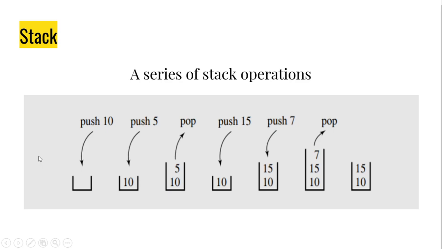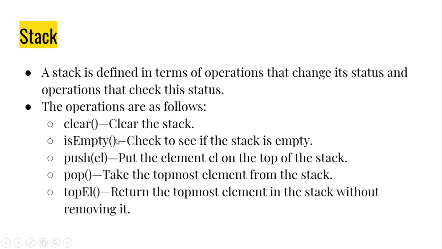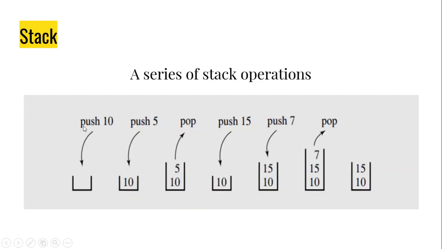So this is a visual representation of the push and pop stack operations. Again, when you push elements inside our stack, you basically add them on our list. When you add it on our list, it is added on top of the list.